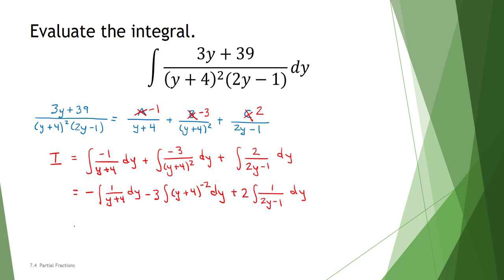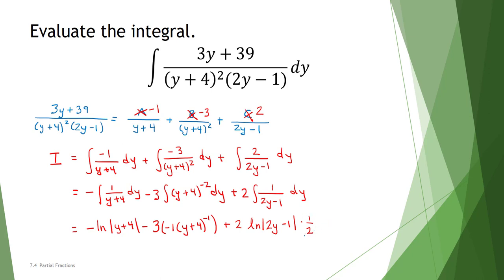Now we are ready to integrate. The first integral, 1 over y + 4, we recognize as the natural log of the absolute value of y + 4. The second integral I rewrote like this so that we can just use the power rule. We have -1 times (y + 4) to the -1. And our last integral we recognize as the natural log of the absolute value of 2y - 1 times 1/2.